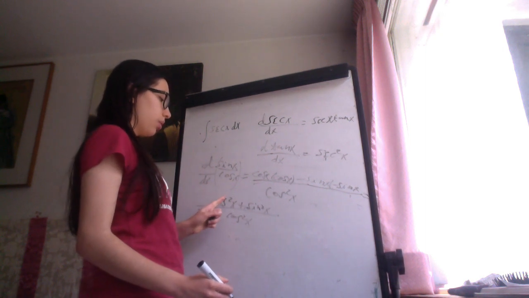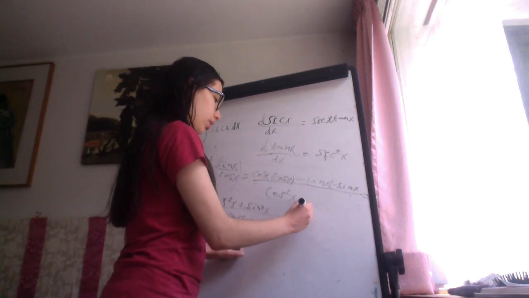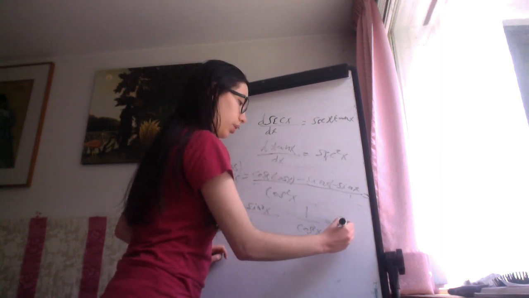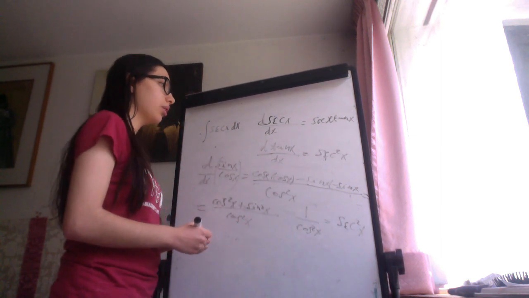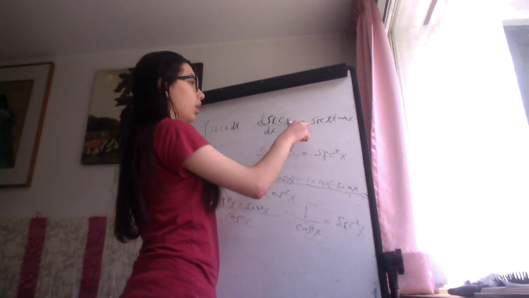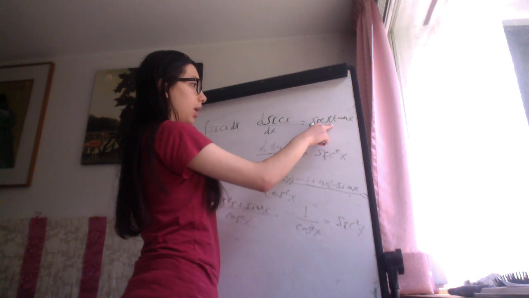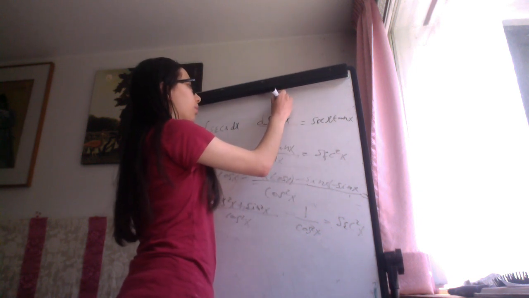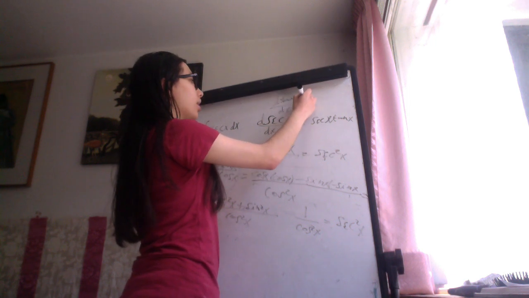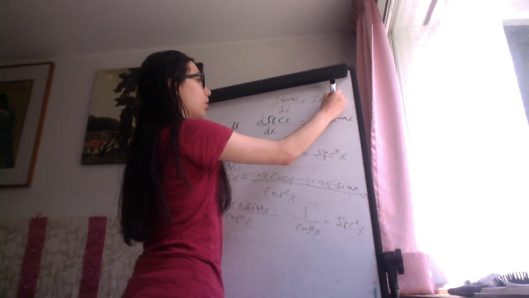Remember, square cosine of x plus square sine of x is 1, so this is 1 over square cosine x, and this is square secant of x. Alright, so now we have the derivative of secant x with respect to x is secant x tangent x, and the derivative of tangent of x with respect to x is square secant of x.